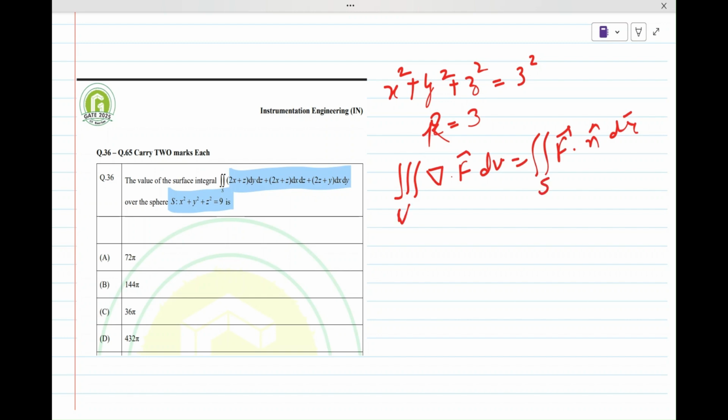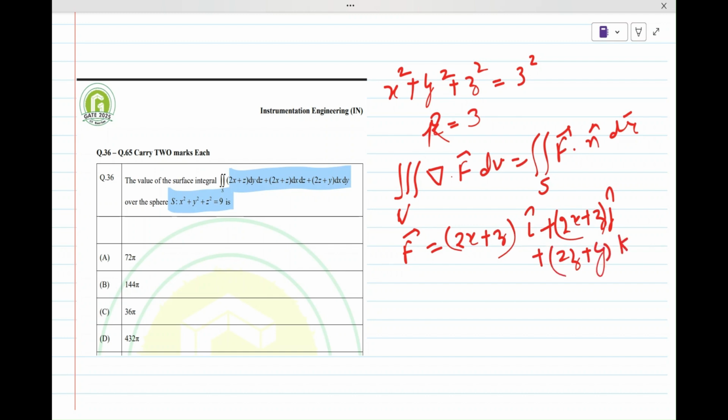Now we can write the f vector. What will be the f vector over here? That is (2x plus z) i cap plus (2x plus z) j cap plus (2z plus y) k cap.